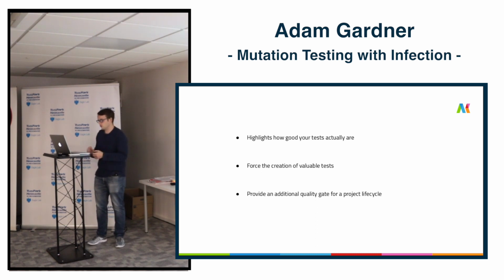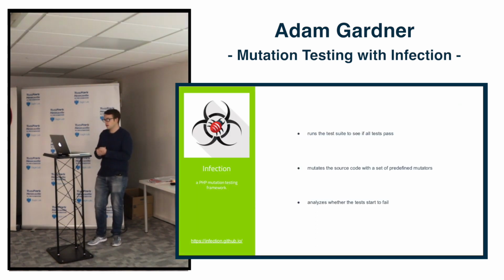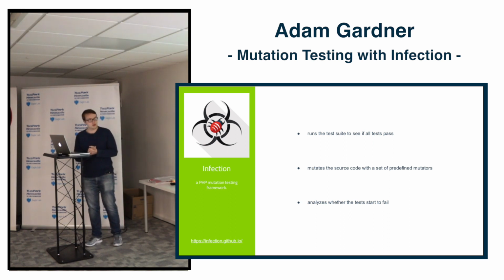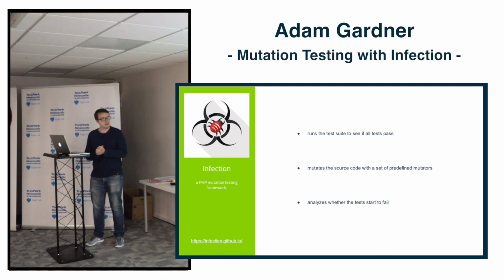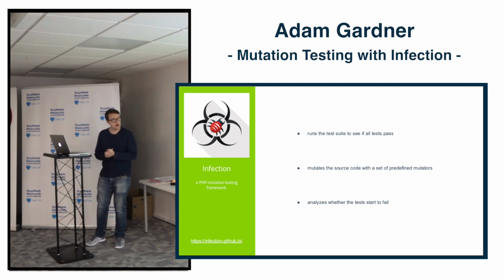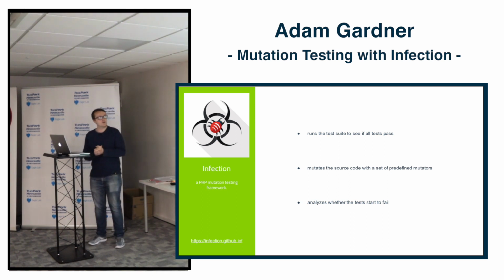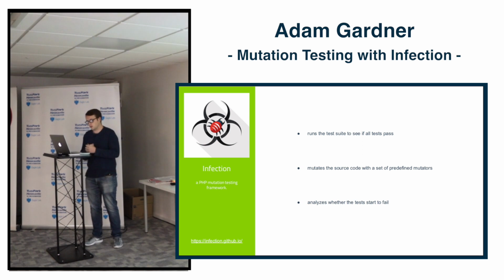So the framework that I chose for this one was the top hit in Google for PHP mutation testing, and it is called Infection, which I quite like. I quite like the mutation and infection. So basically, I've narrowed down the three core principles of what Infection says according to its documents that it's doing.